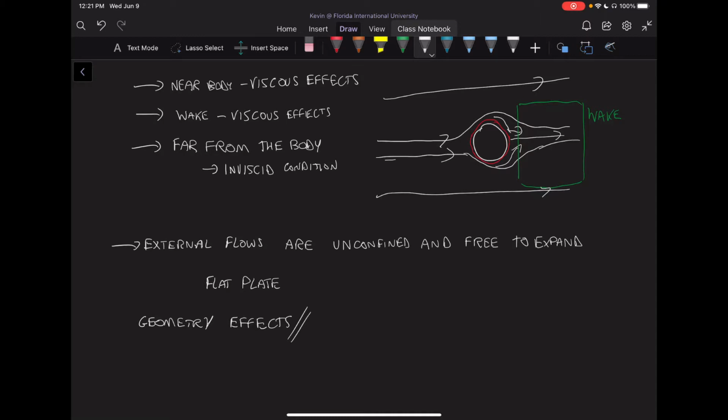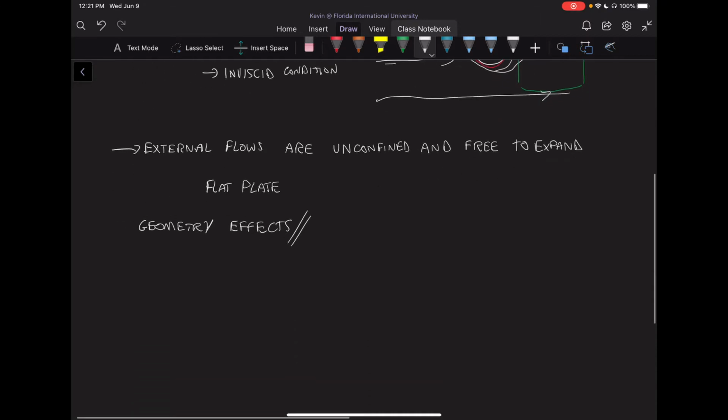So geometry effects allow us to use boundary layer theory. And we've discussed boundary layer theory a little bit in our previous chapters already, but boundary layer analysis can be used to compute viscous effects near solid walls.